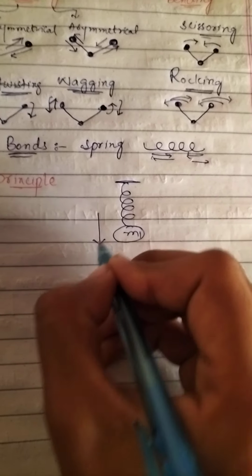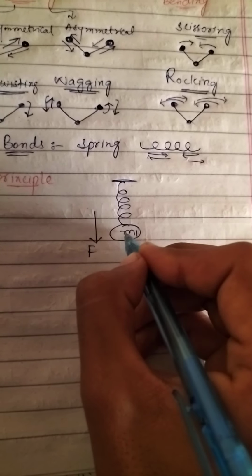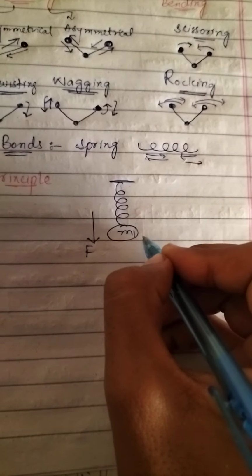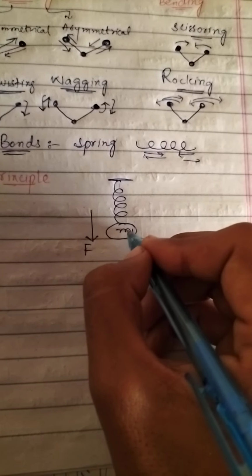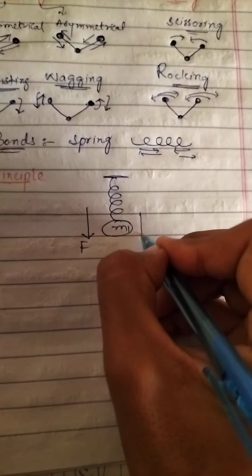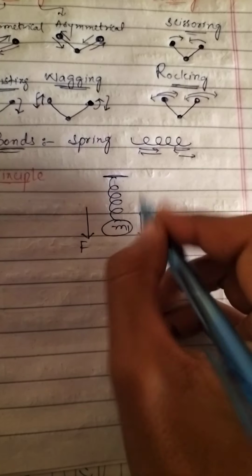If we apply a force downward on an atom which is attached with the spring, then this mass is stretched downward as well as upward, like this.